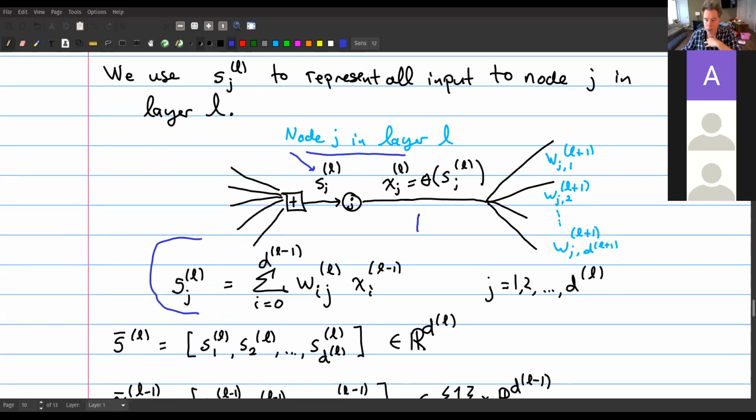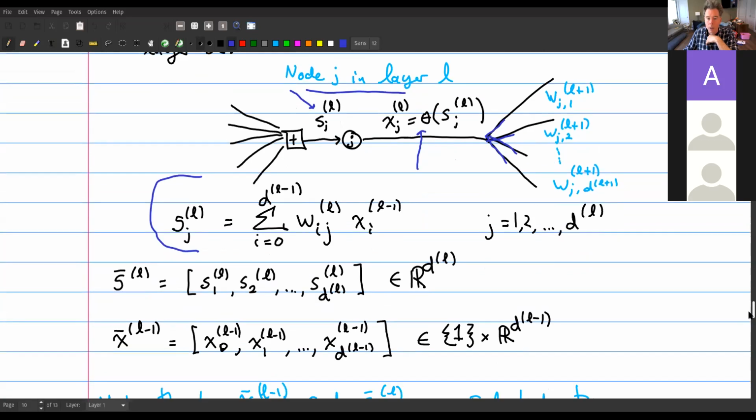So the output is just the activation function theta applied to this sum. And then that becomes the output for node j in layer l, and that gets copied out on all of the wires that emanate from this node. Okay.